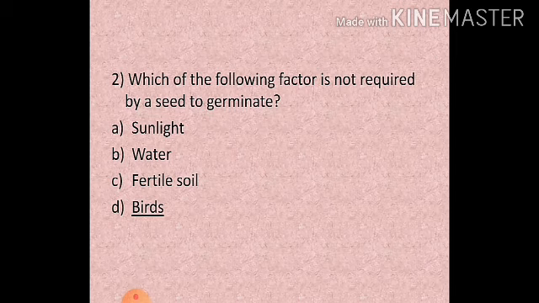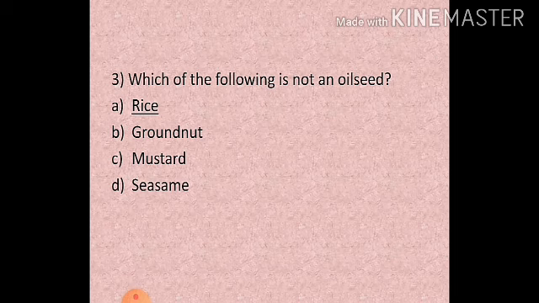Let's see third one. Which of the following is not an oil seed? A. Rice, B. Groundnut, C. Mustard, D. Sesame. The answer is A, rice.